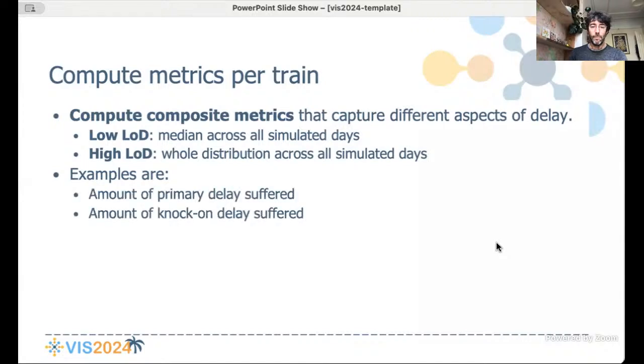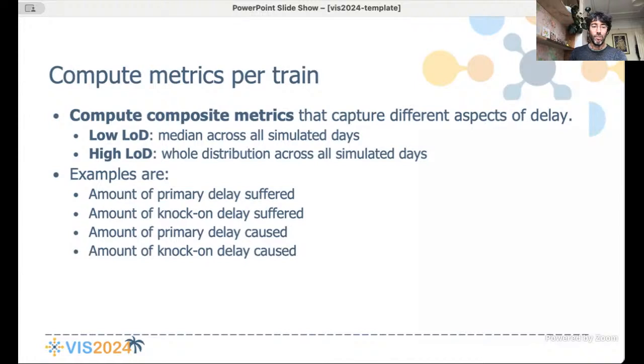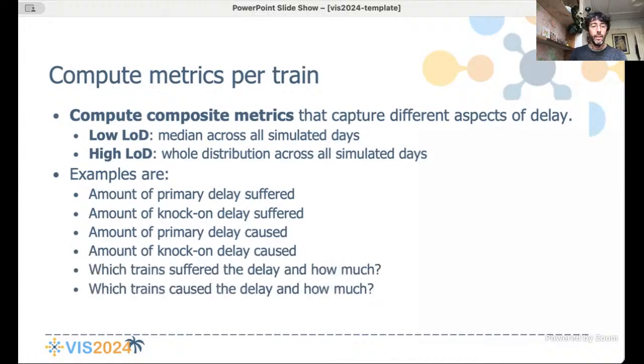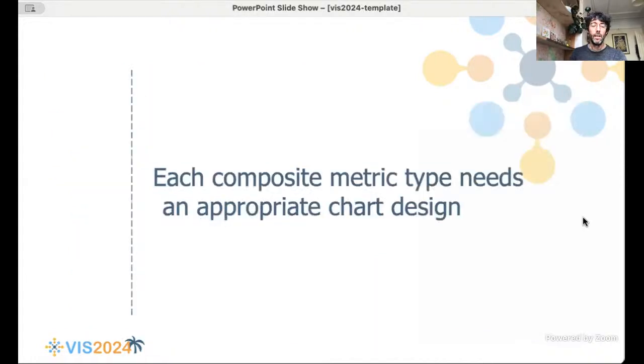Examples of the metrics we compute could be the amount of primary delay or knock-on delay suffered by a train, the amount of primary delay or knock-on delay caused to a train, which trains suffered the delay and by how much, and also how the lateness varies throughout the journey of a train. Each of these composite metric types needs an appropriate chart design.